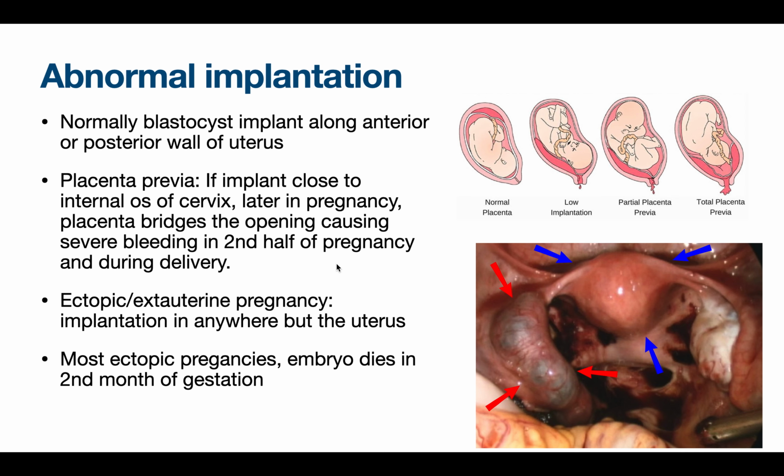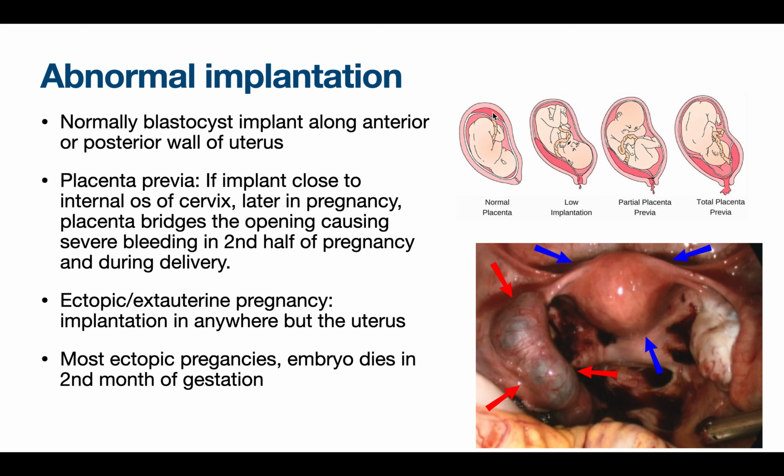In a very worrisome and unfortunately common case, placenta previa is when the blastocyst implants too close to the internal os of the cervix, and then it causes a problem later in pregnancy because the placenta forms and bridges the opening, causing severe bleeding in the second half of the pregnancy and during delivery.